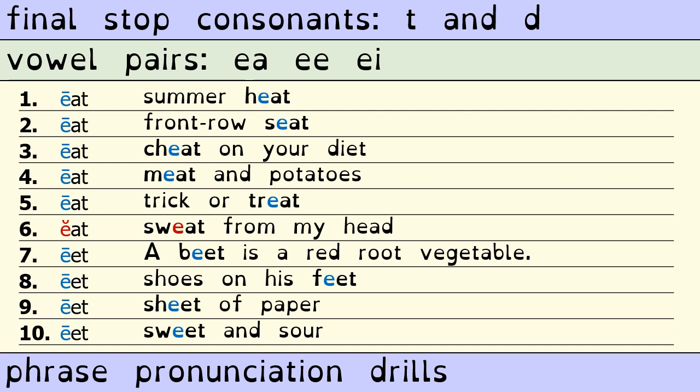Et, sweat from my head. 7. Eat, a beet is a red root vegetable. 8. Eat, shoes on his feet. 9. Eat, sheet of paper. 10. Eat, sweet and sour.